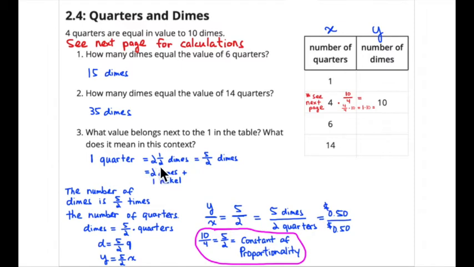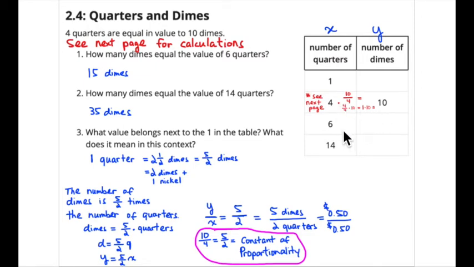So 1 quarter is equal to 2 1/2 dimes, or 5/2 dimes. That's like having 2 dimes and 1 nickel, and that makes sense. You all know that a quarter is 2 dimes and 1 nickel. So if you have 4 quarters, then you have 5/2 times that, and that is equal to 10.